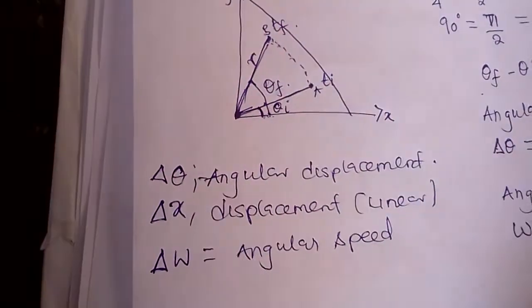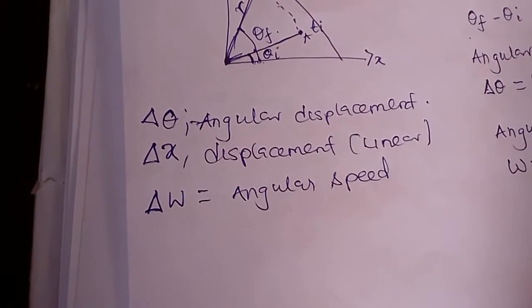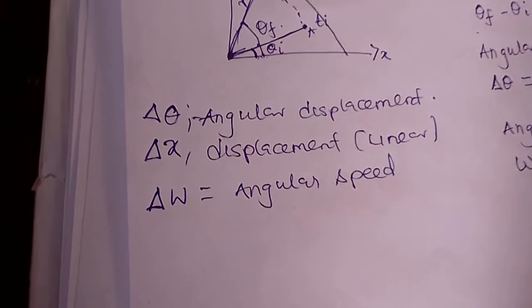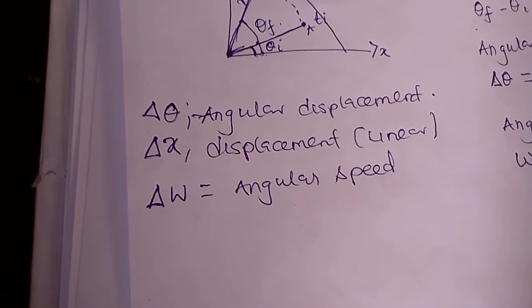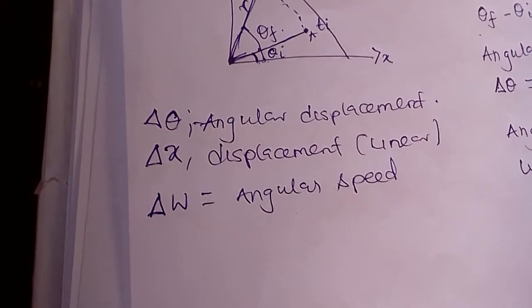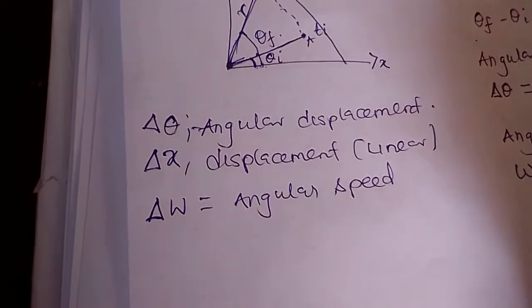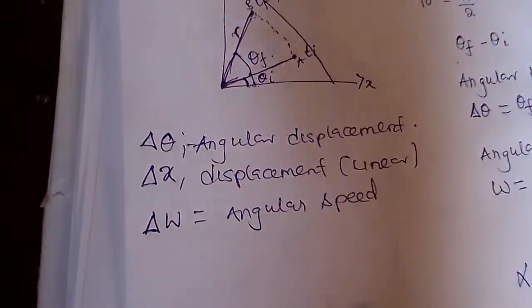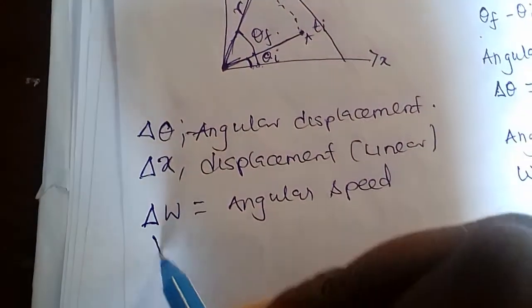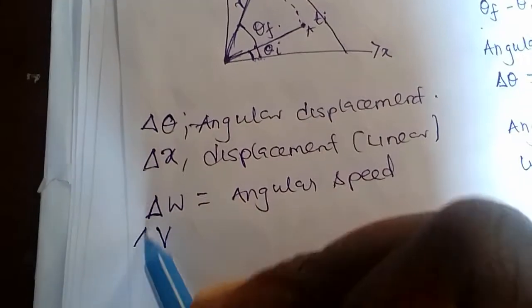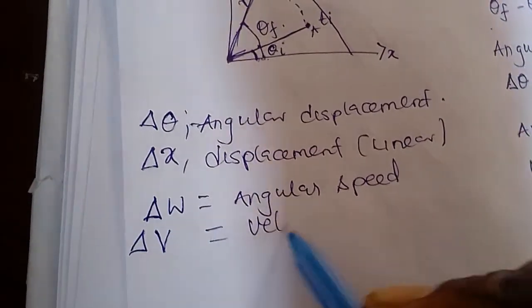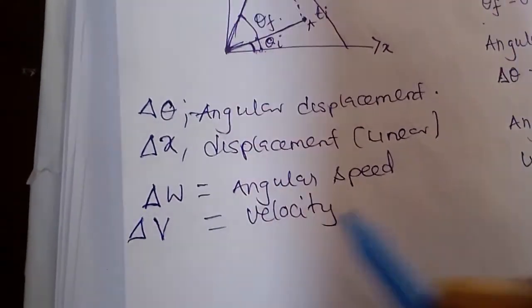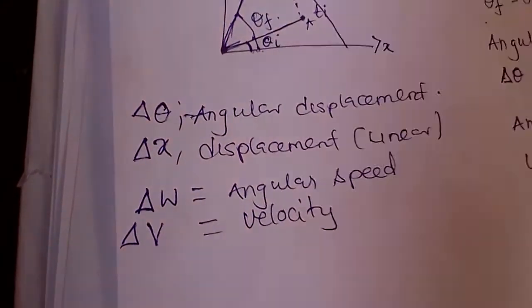Now, speed, from the previous times we had talked about the rate of change of distance with reference to time, and then when we talked of it being a vector quantity, the term velocity was brought up. So here we have velocity, the change in velocity. It's like speed. Velocity is just speed in a specific direction.